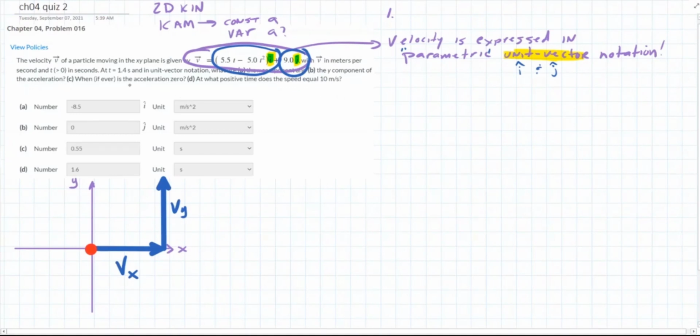All right. So at 1.4 seconds and in unit vector notation, what's the x component and y component of acceleration? Let's do that. All right, so number one, number two.